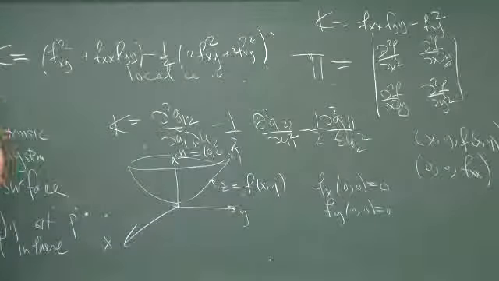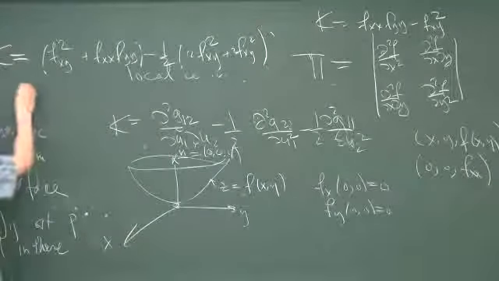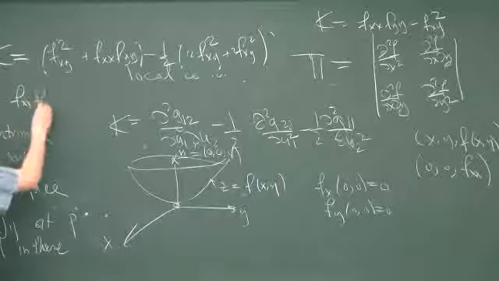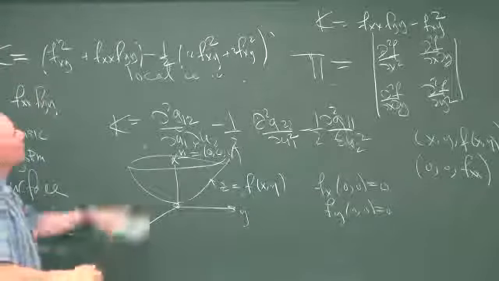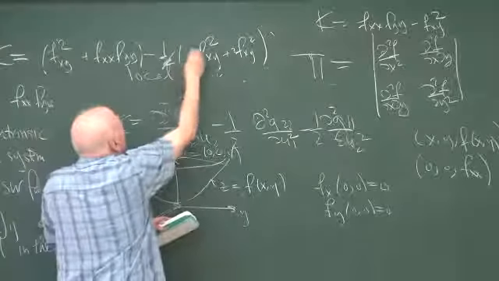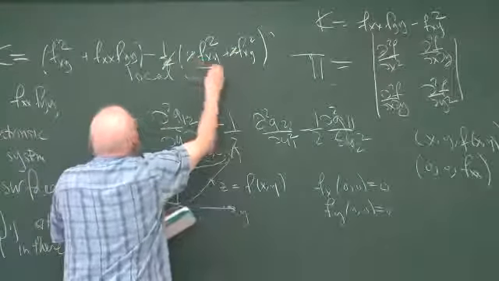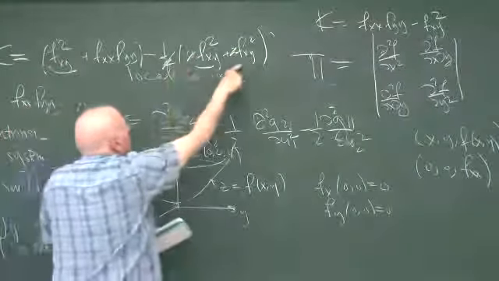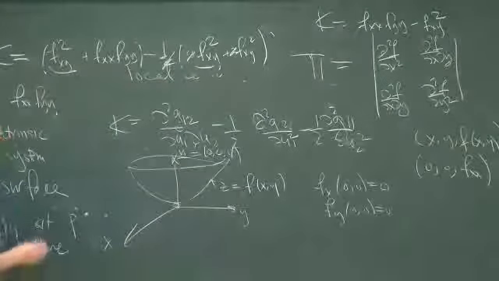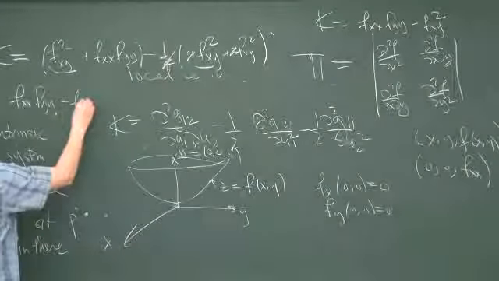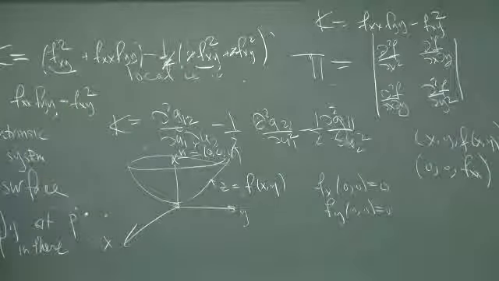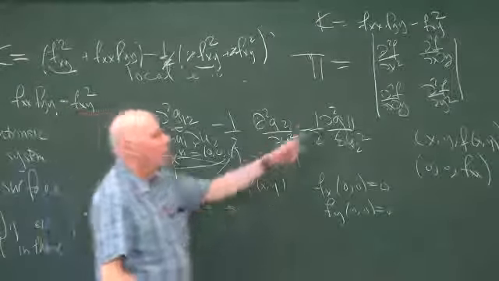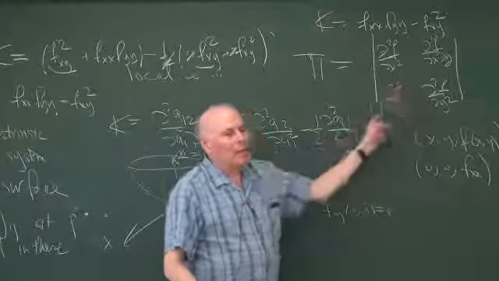Okay. So now we write this as k. So I have f sub xx, f sub yy. The 2's cancel. So one of these cancels one of those, and I'm left with minus f sub xy squared, which is precisely the determinant.